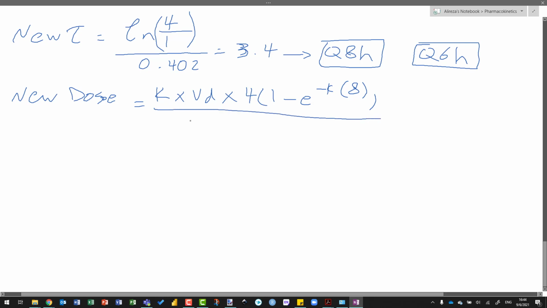Hopefully we can make it work. And then 1 minus e to the negative K, time of infusion is 1. And what we get is about 29.8 milligram, which I'm going to round to 30 milligram.